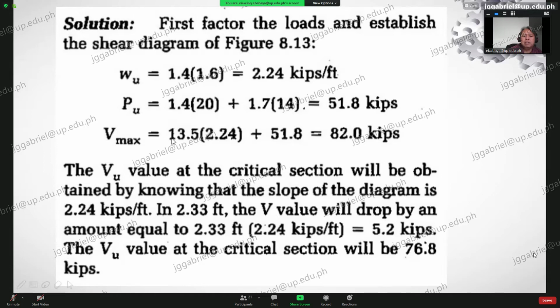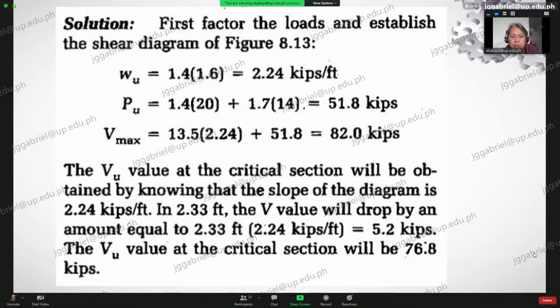Okay, what is this 13.5? This is the length, no? Yung length at mid-span. So, kalahati yan ng total length. Because our total length is 27.